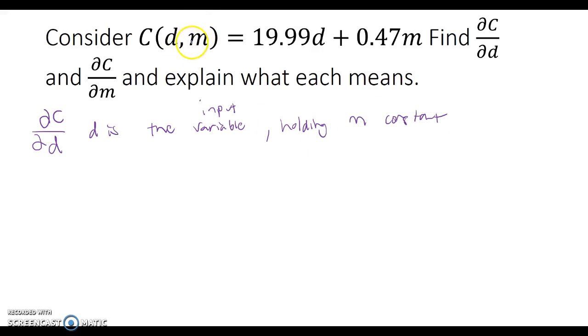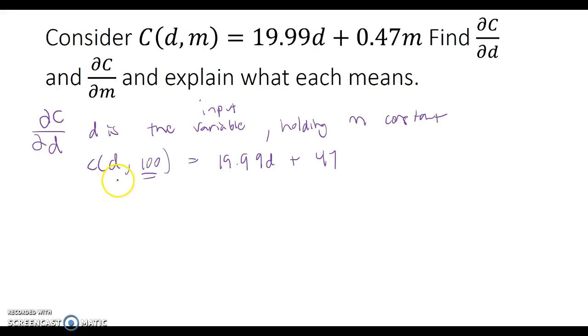So when we held m constant earlier, for example, when we did the reduction function c of d comma 100, we would have found that the equation reduces to 1999d plus 47. Now this is exactly what we mean by holding m constant. In this case, we gave it a particular input value and we plugged that in, and we can see that what we have left is a univariate function. Univariate meaning we have one input variable.